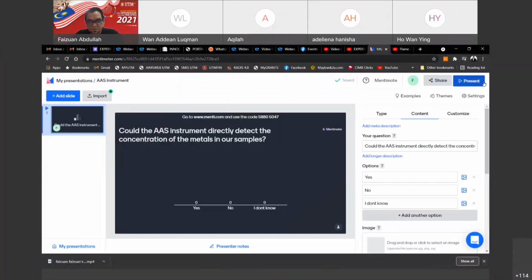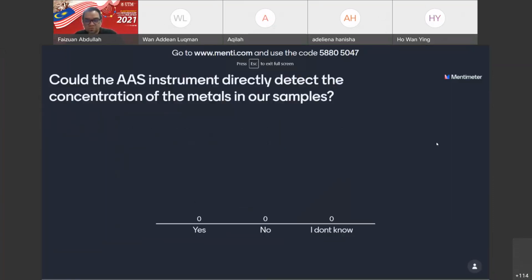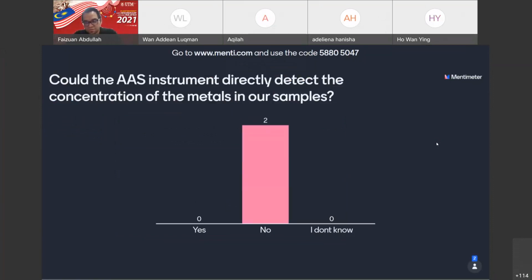My question is, could the AAS instrument directly detect the concentration of the metals in our sample? Meaning we put the sample to be pumped into the flame atomizer, and the detector detects the energy loss from the energy source, which is the hollow cathode lamp, due to the absorbance of the analyte.